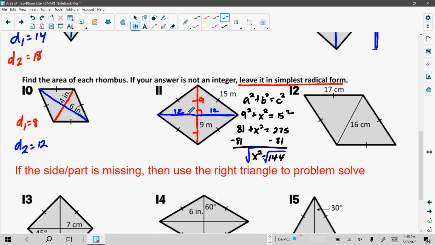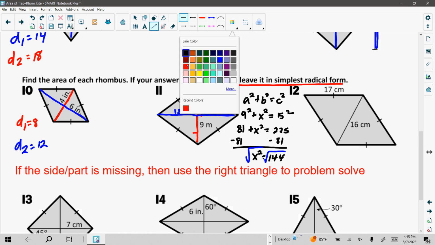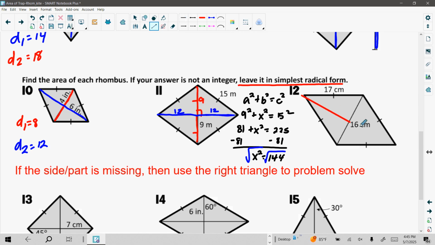So on 12 here, what's missing is drawing the diagonal through the rhombus here. And I just kind of use this little tool to get it in there. And they gave us a short diagonal, which gets cut in half to 8 and 8. And then now we're back to what we just did on number 11.